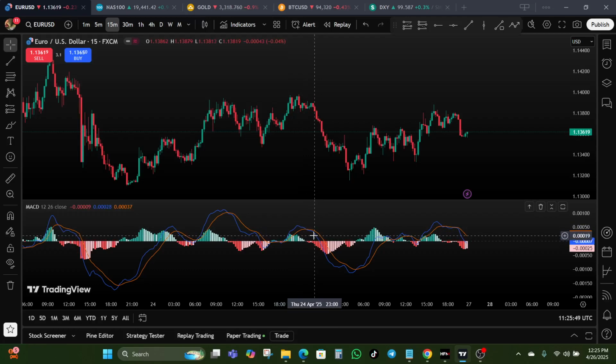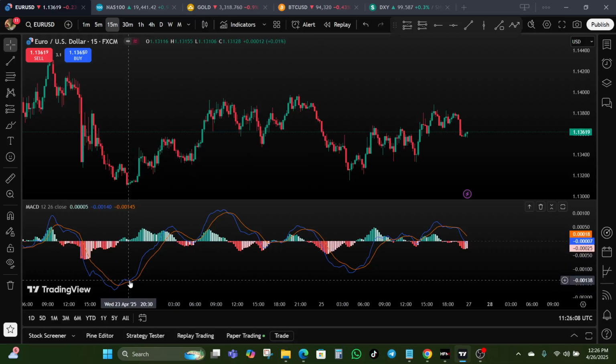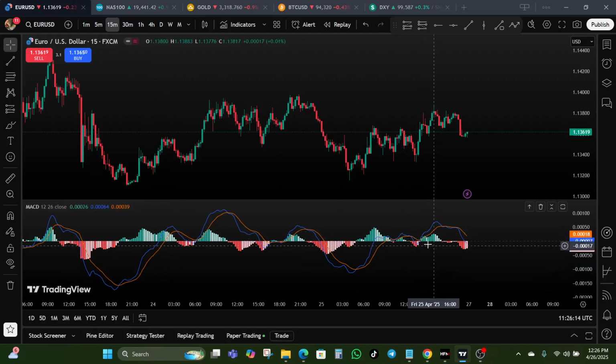And then alongside that, when you have your histogram bars below the zero level, red in color, it shows that there is bearish momentum prevailing in the market at that given point in time. Okay, so the main things you are going to be looking out for are the crossovers between the MACD and the signal line, and also the positioning of the histogram bars with respect to the zero level.